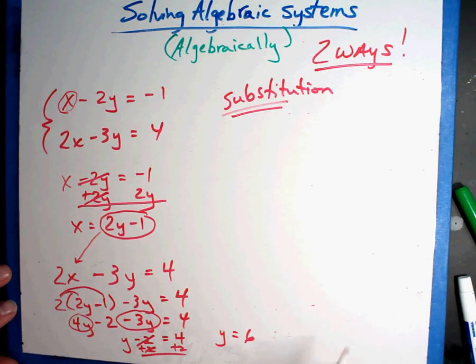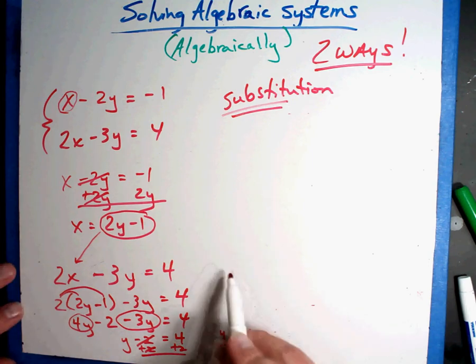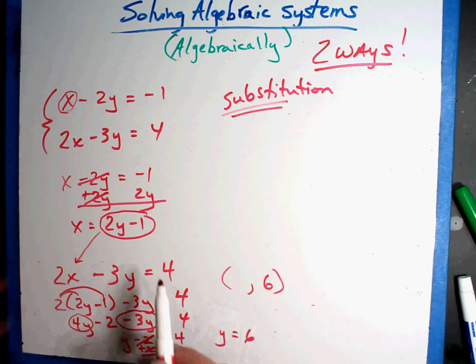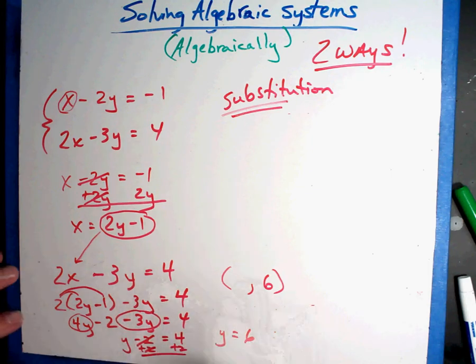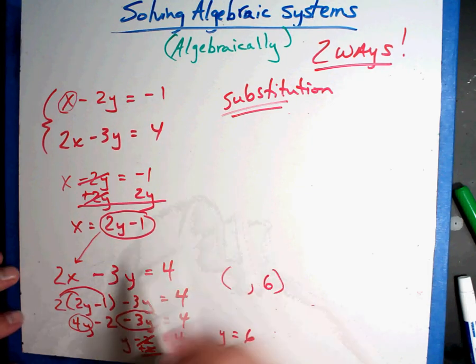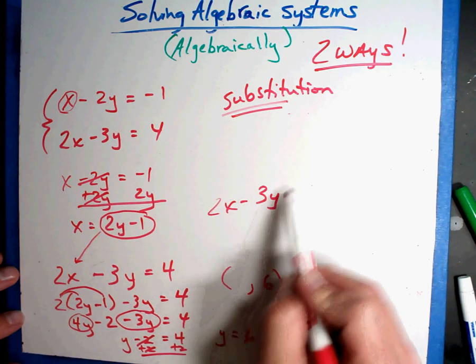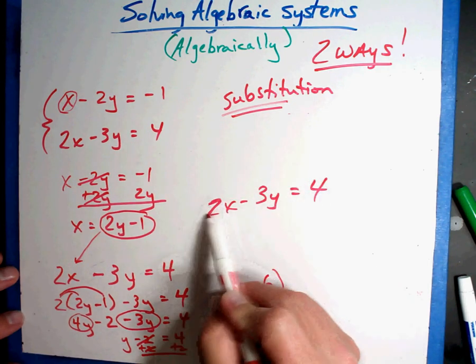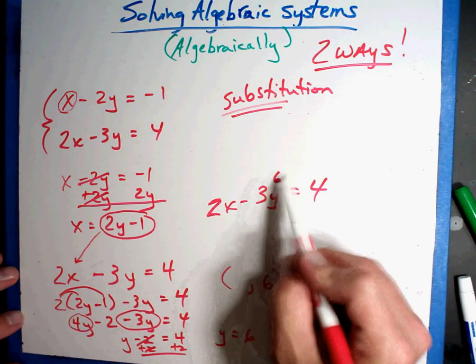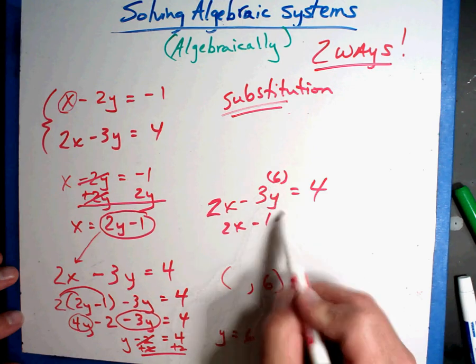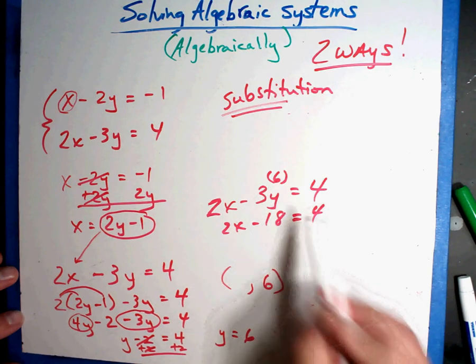So y equals 6. So if y is equal to 6, why don't I go ahead and just take the y and plug it back in and see what I get? Using this same formula, 2x minus 3y equals 4, if y equals 6, that means 2x minus 6 times 3 is 18 equals 4.